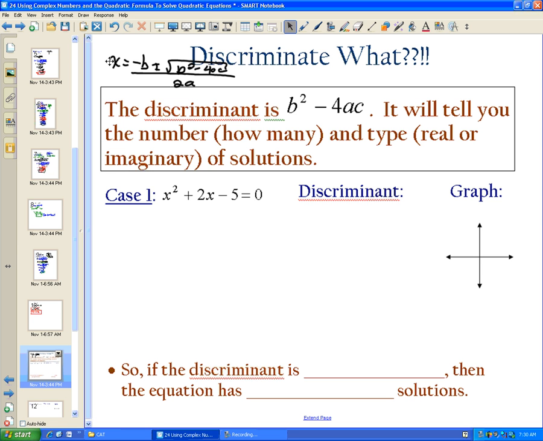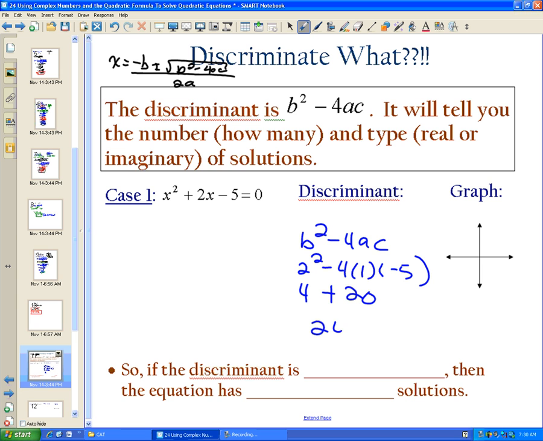So if I look at my first case, x squared plus 2x minus 5 equals 0. Wrong page, excuse me one second. My discriminant is what's in the square root, b squared minus 4ac. If I plug in my b, this is 2 squared minus 4 times 1 times negative 5. So this is 4 minus negative 20, which is plus 20.